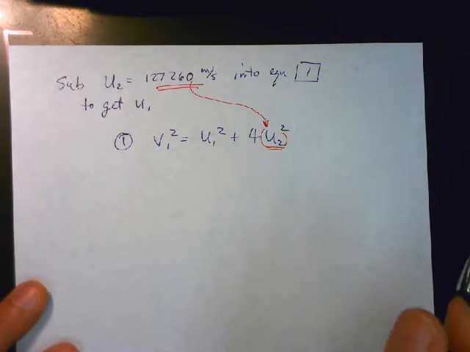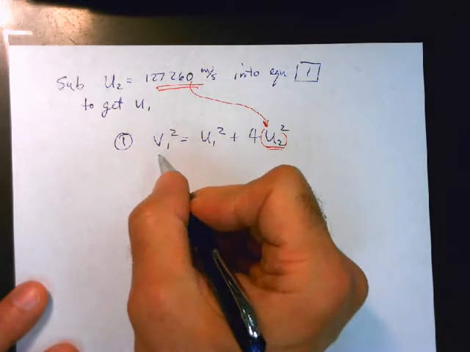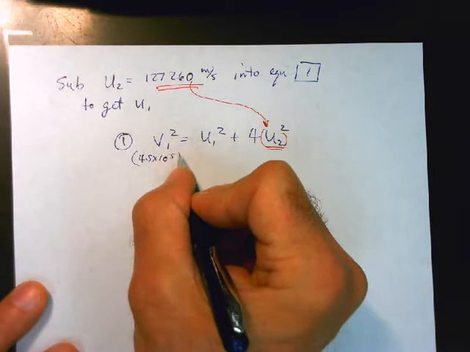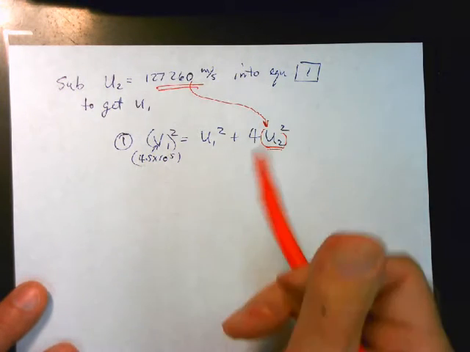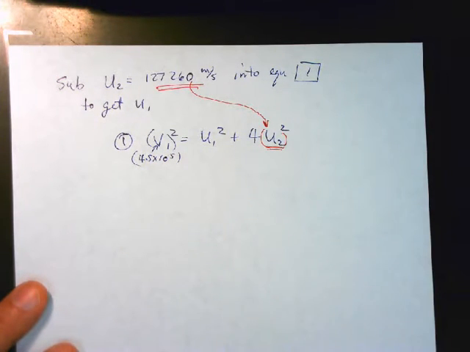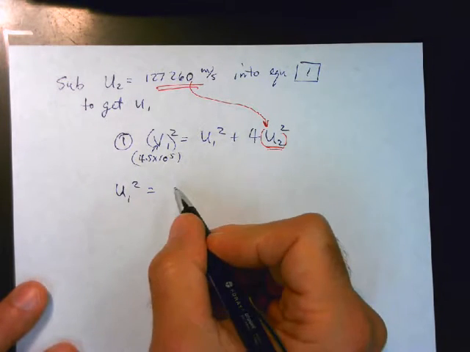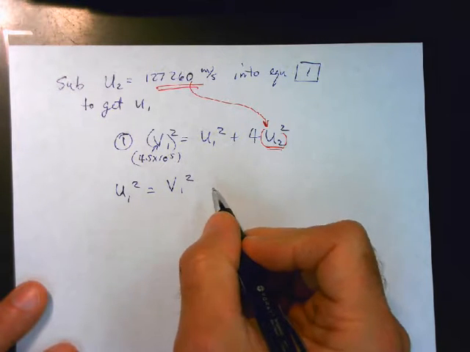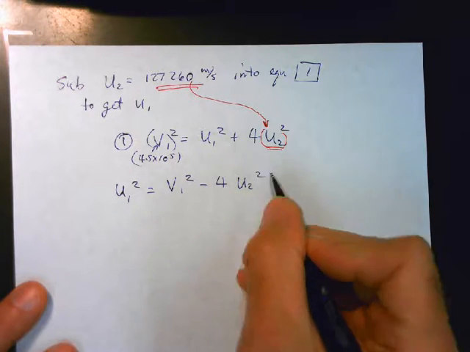And we already know what V1 is. V1 was given. That was 4.5 times 10 to the 5th right there. So we'd sub that in for V1. And that way we can get what U1 is. I'll just rearrange it. U1 squared is equal to what? V1 squared minus 4 times U2 squared.